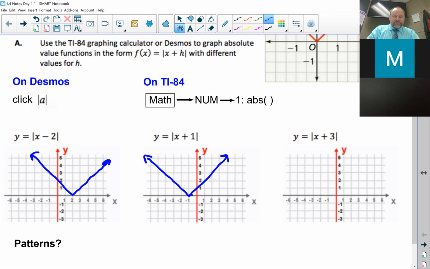And then the absolute value of x plus 3.